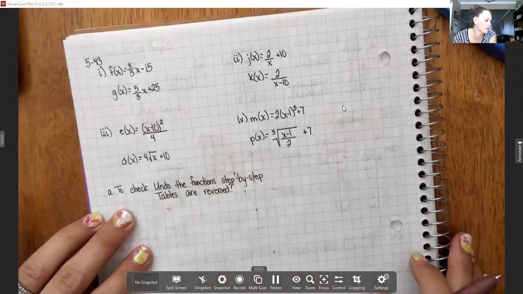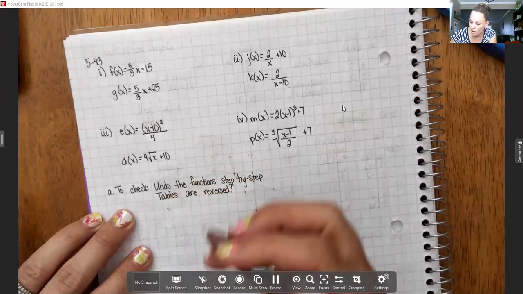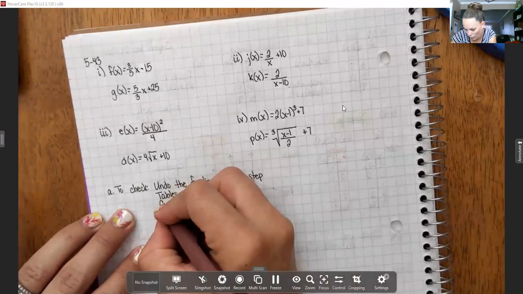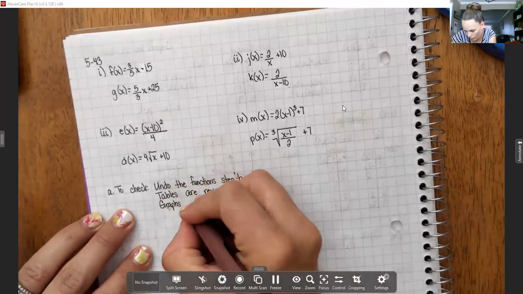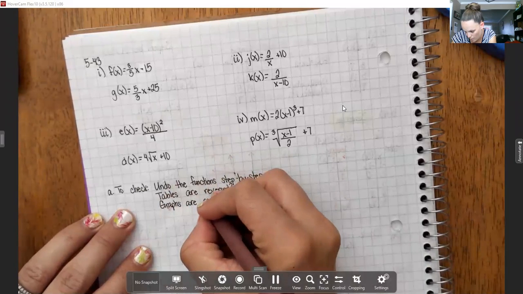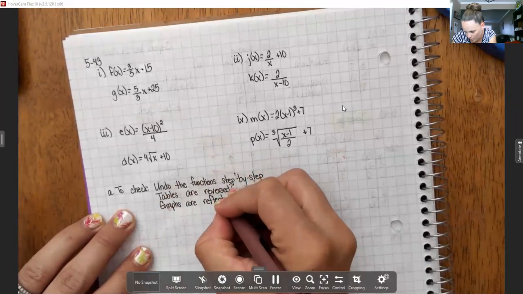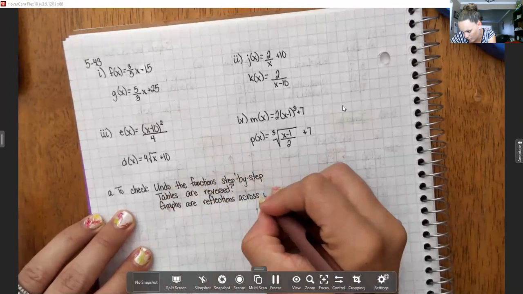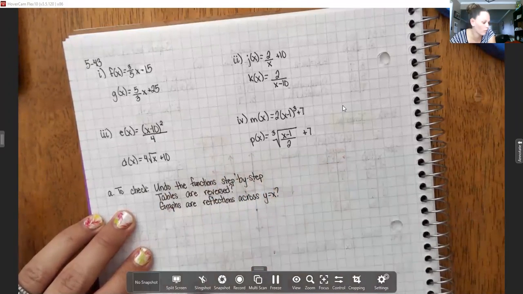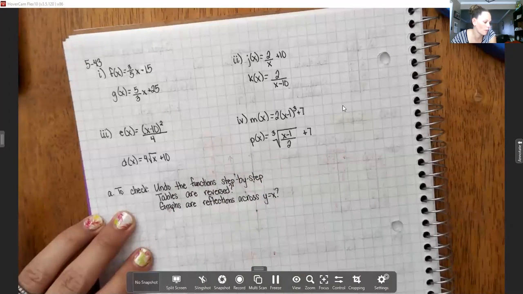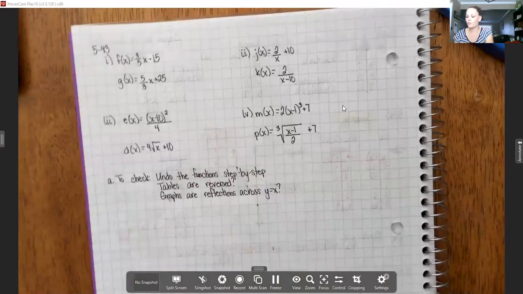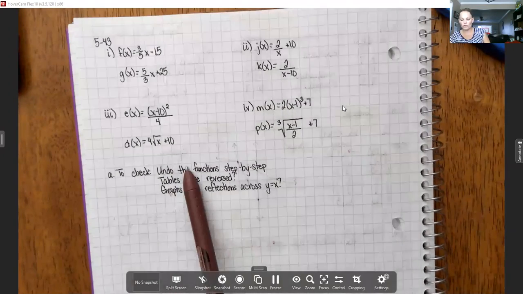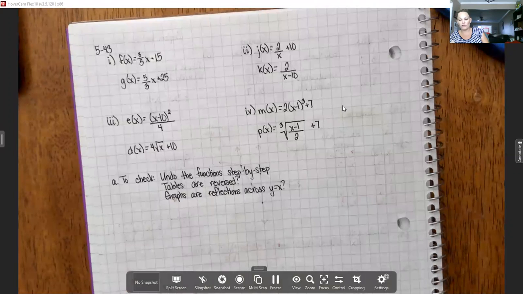Kind of put a question mark. And then graphs are reflections across y equals x. So those are the 3 ways we can check if these are inverse pairs.